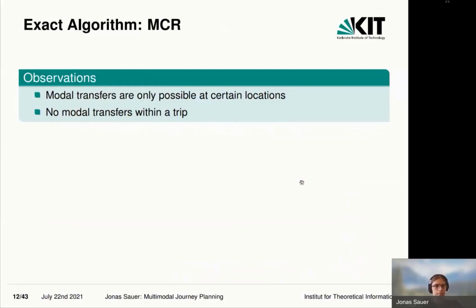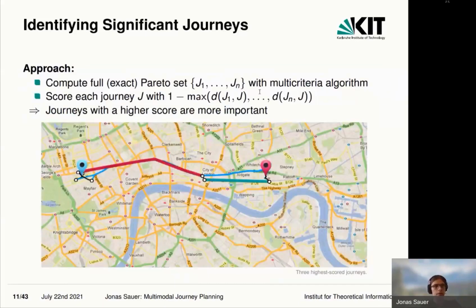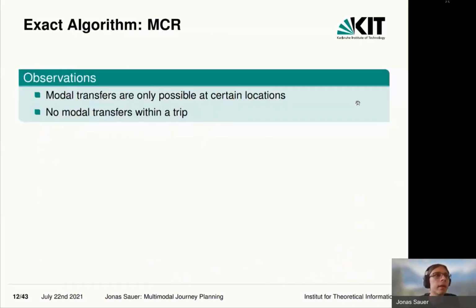Okay, so we mentioned that we need a multi-criteria algorithm to compute the full Pareto set, and that is our MCR algorithm, which works as follows. We used the same observation that we already used for Raptor, which is that modal transfers are only possible at certain locations and not within a trip.